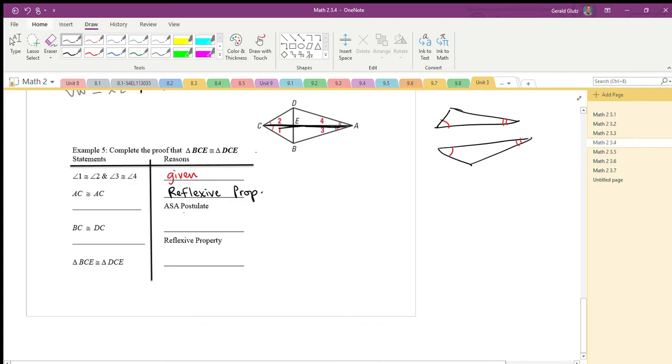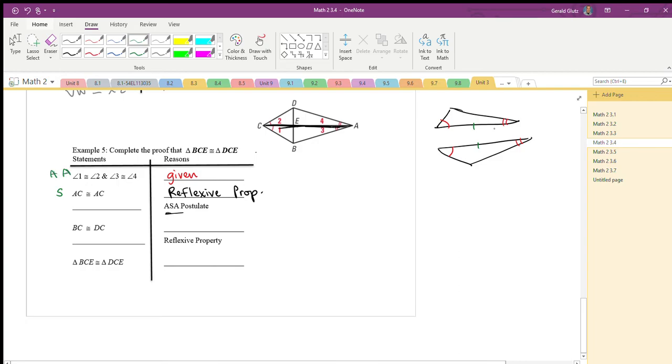Next thing is the ASA postulate. So what could we use the ASA postulate for? The only thing we can use these things for is to prove triangles are congruent. So we're going to have two triangles are congruent there. So this is the side we said was congruent to this side. So we got a side and two angles.